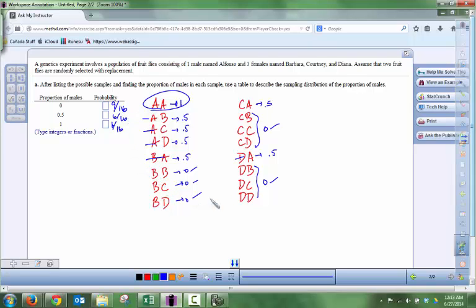And then you divide that by the total number, which should be 16 if you're selecting a sample size of 2 fruit flies out of a population of 4 fruit flies. Okay, I hope that helps.